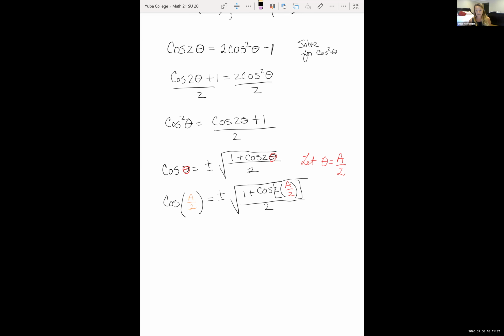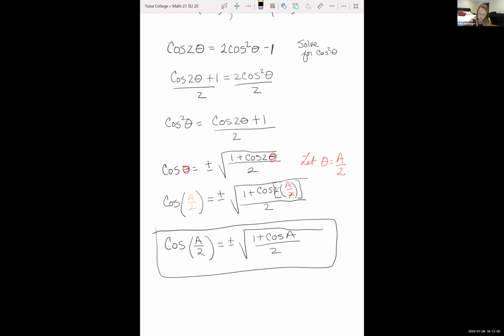But notice that this 2 times a over 2, both are in the argument, so we can simplify. Those 2's cancel. So here is our half angle formula for cosine. Cosine of a over 2 is equal to plus or minus the square root of 1 plus cosine of a all over 2. This plus or minus depends on the quadrant that you're in.